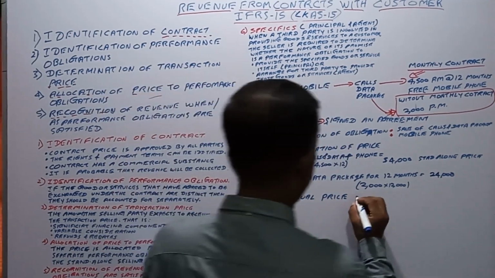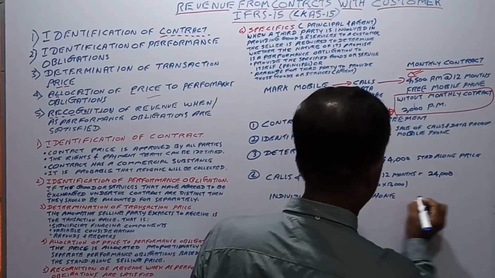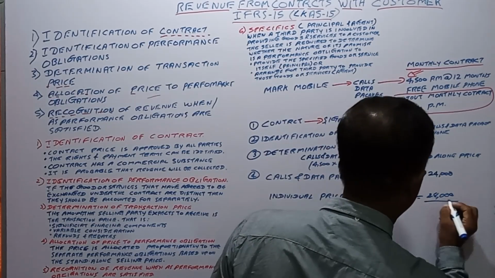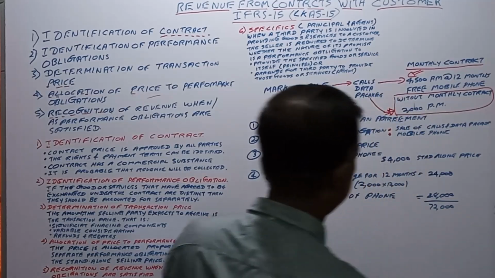Individual price of phone is 48,000. Then 72,000.